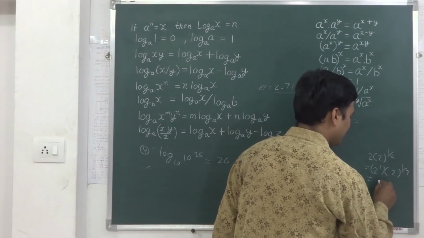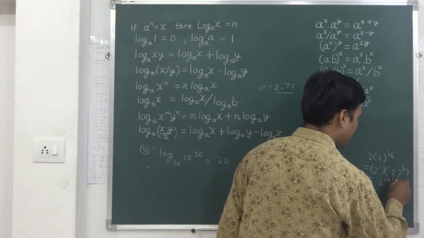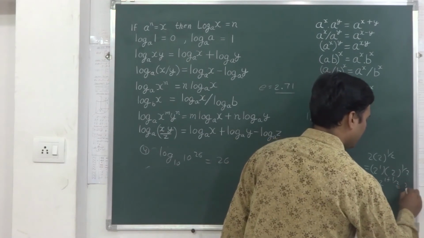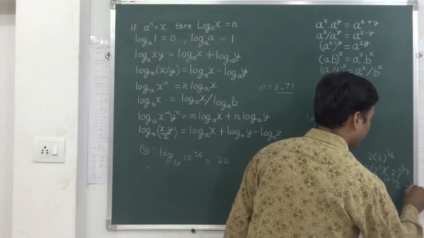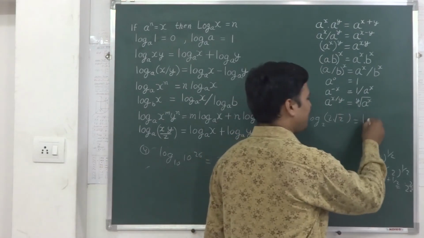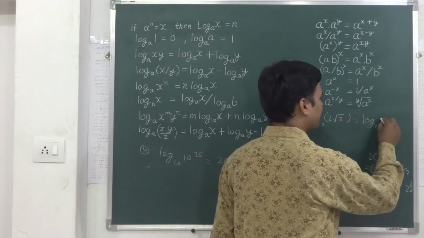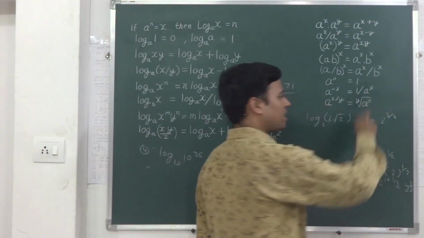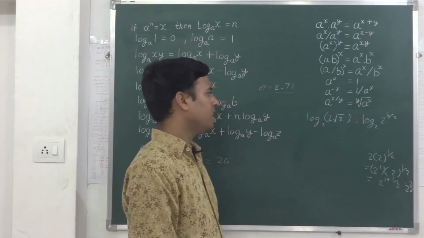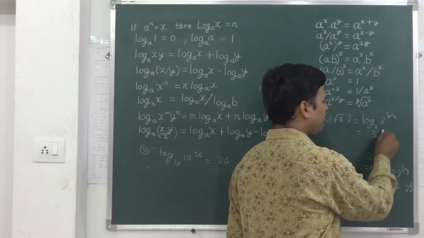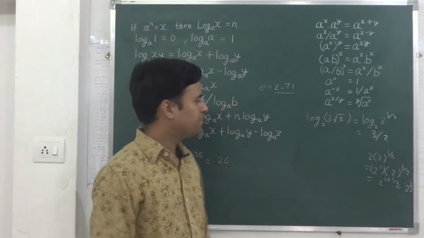So, it can be written as 2 power 1 multiplied with 2 power 1 by 2, which is 2 power 1 plus 1 by 2. So, it is 2 power 3 by 2. The power comes forward and we would get 3 by 2 as the answer.